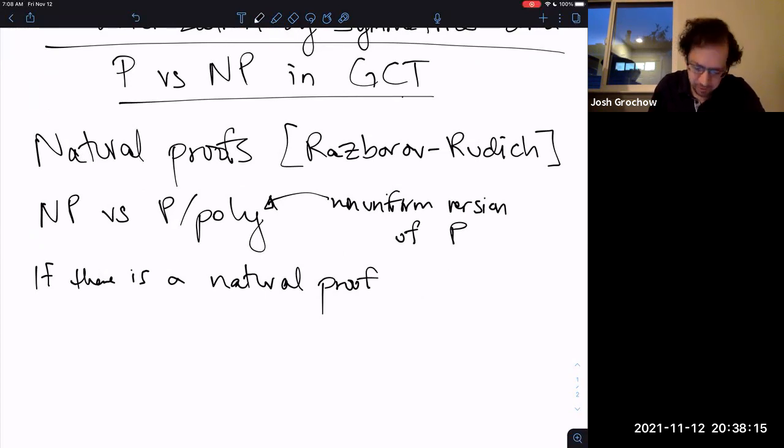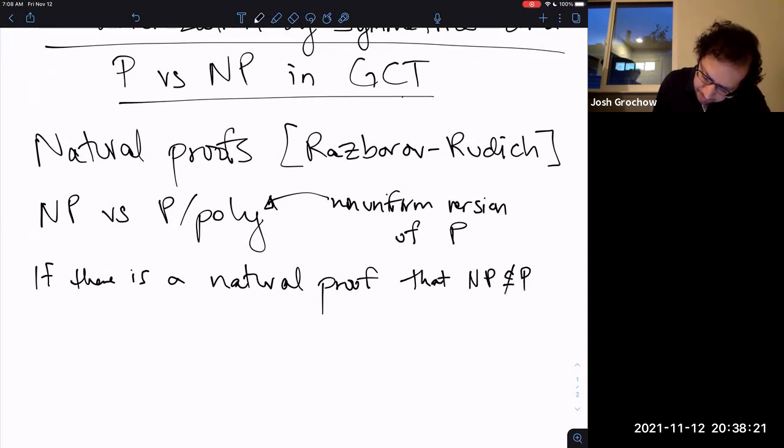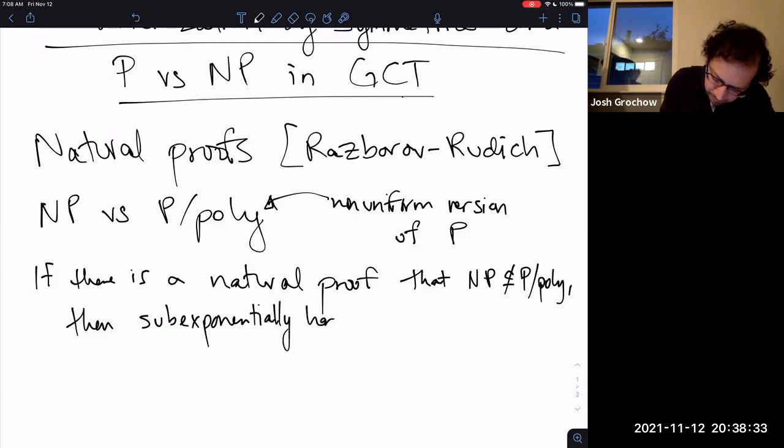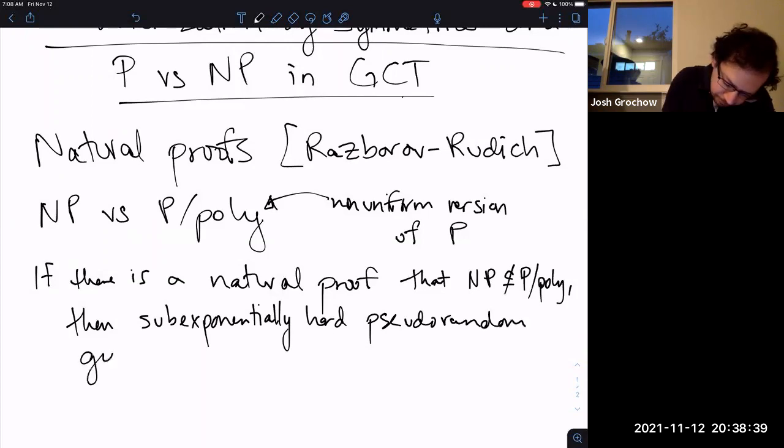So if there is a natural proof that NP is not in P poly, then essentially sub-exponentially hard pseudo-random generators do not exist.